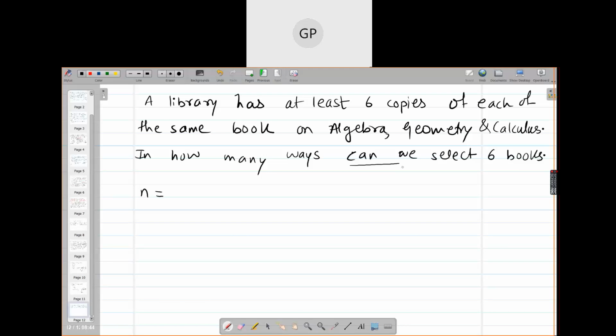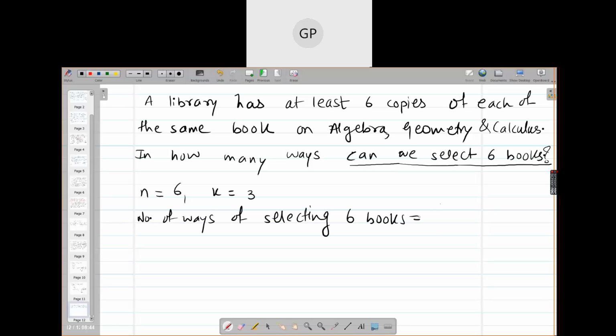How many books we want to select? That tells you. 6. So N is 6. What is K here? 3. And therefore the answer is the number of ways of selecting 6 books, equal to 6 plus 3 minus 1 C 6.